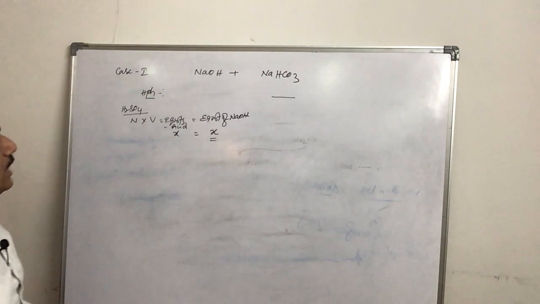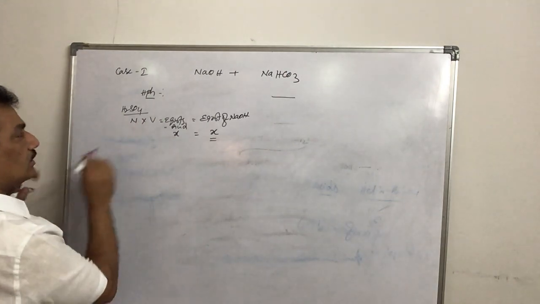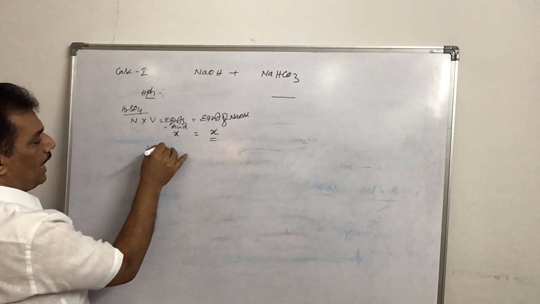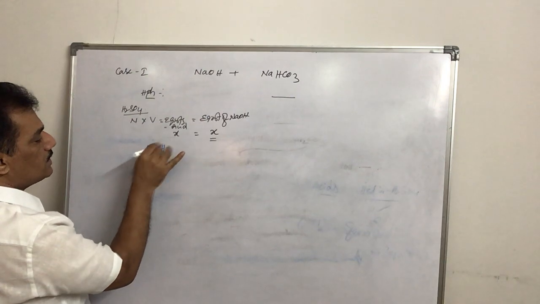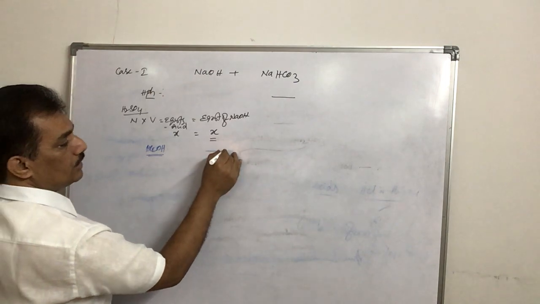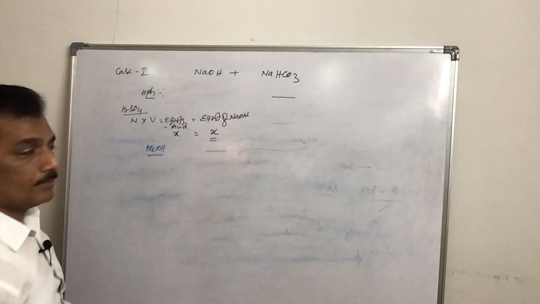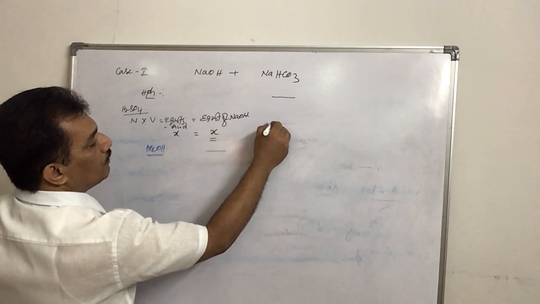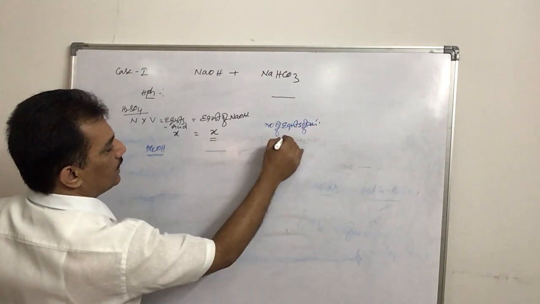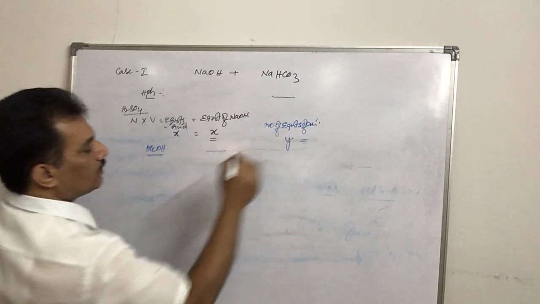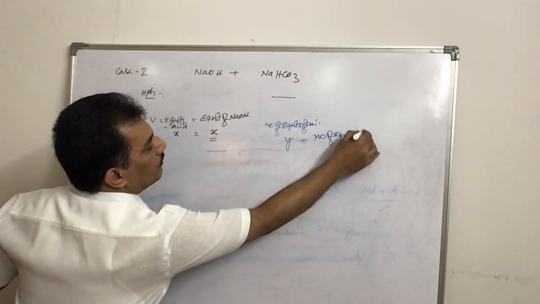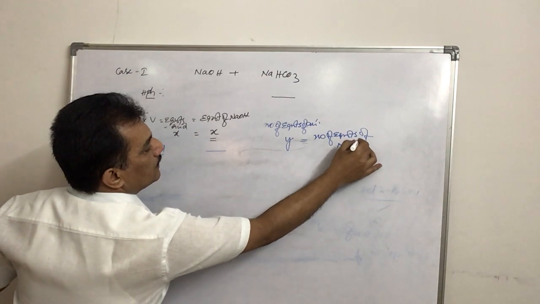Directly we are getting that. Now the second titration is carried out with methyl orange as the indicator. In the presence of methyl orange, this NaOH is already completely neutralized, so no further reaction with it. Here, if the number of equivalent weights of acid is Y, then it is equal to the number of equivalent weights of NaHCO3.